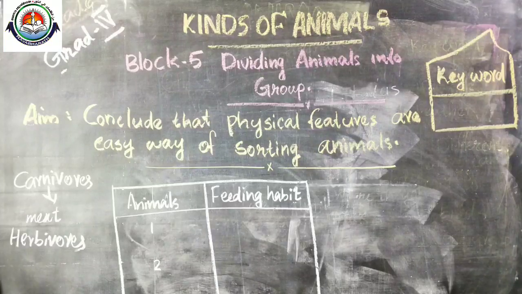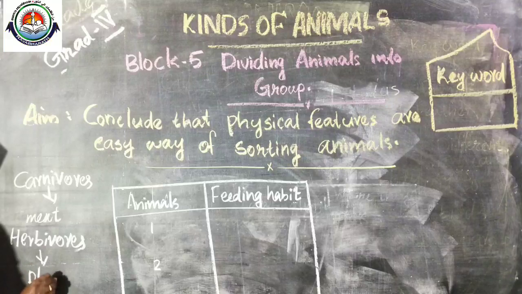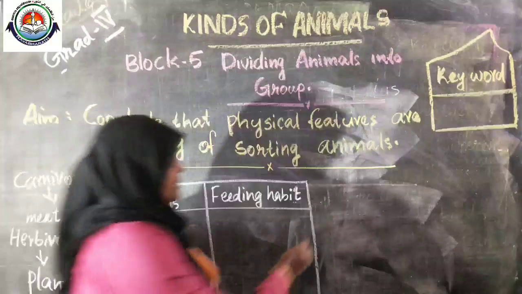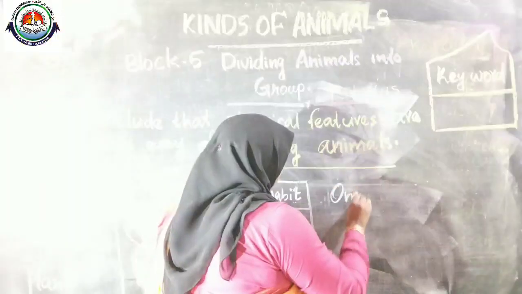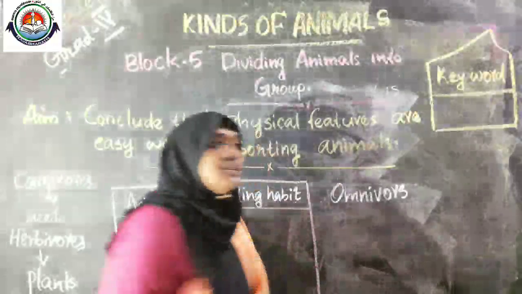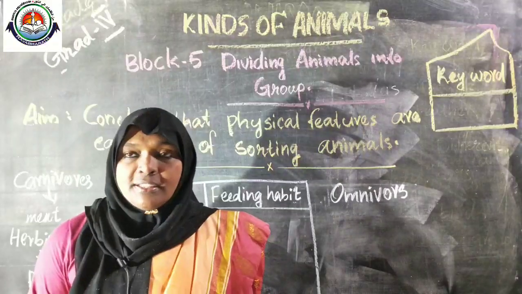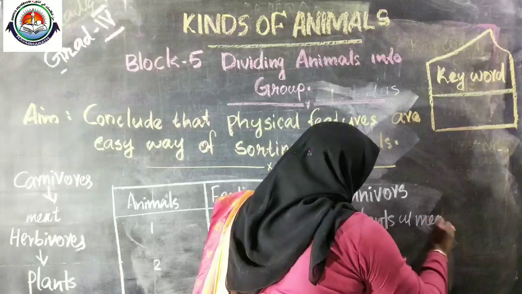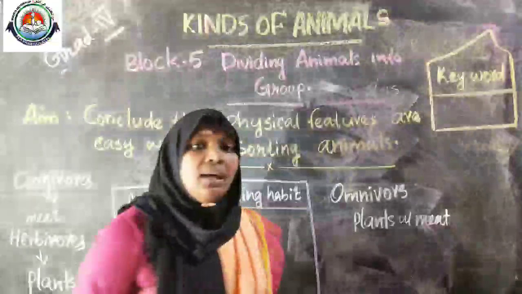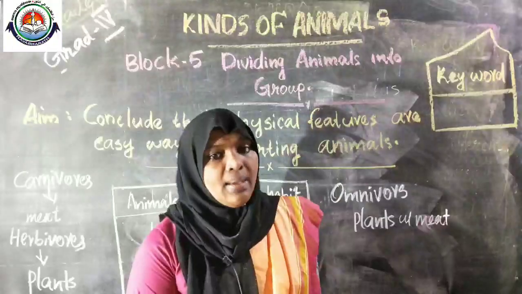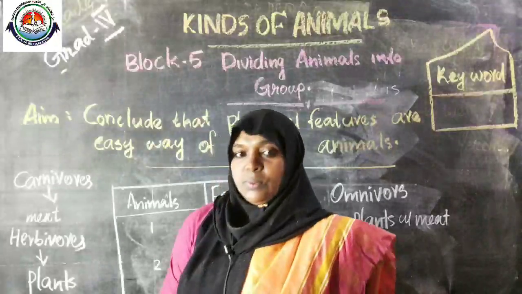Herbivores, they eat plants only. Then who is remaining? Omnivores. Omnivores, they eat both plants and meat. These are the classification based on their feeding habit. Clear? Okay.